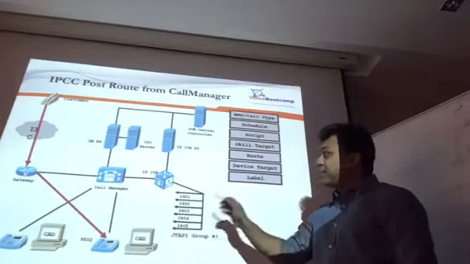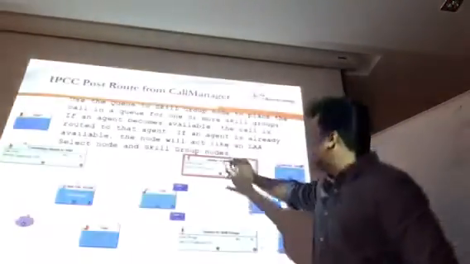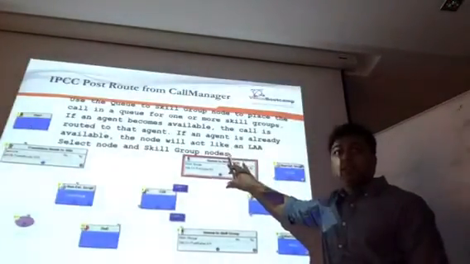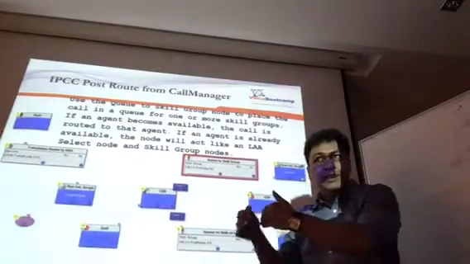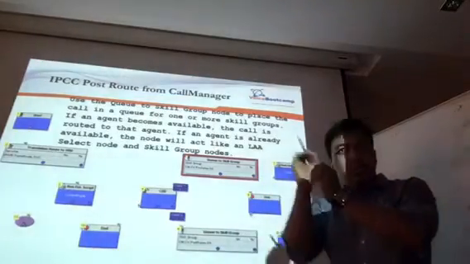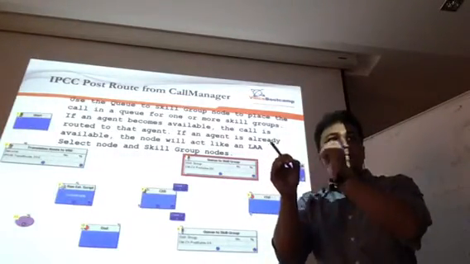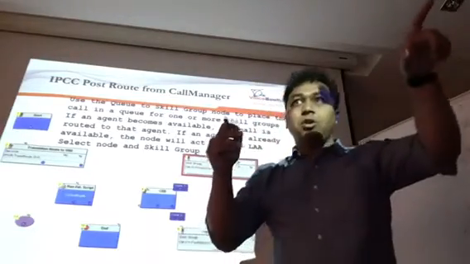Now, this is a case where the agent is actually available. Because what happened, if I go back, when the call came to the queue to skills group, it queues the call, but realizes the agent is available. So when the call comes to the queue, and ICM realizes there is an agent available, he's going to immediately try to route the call.